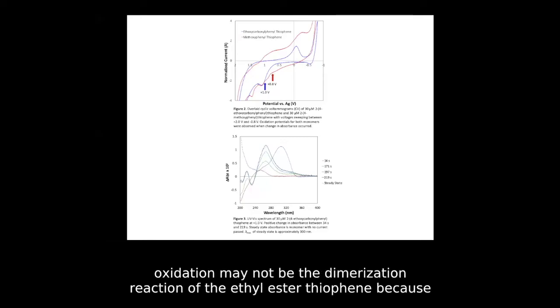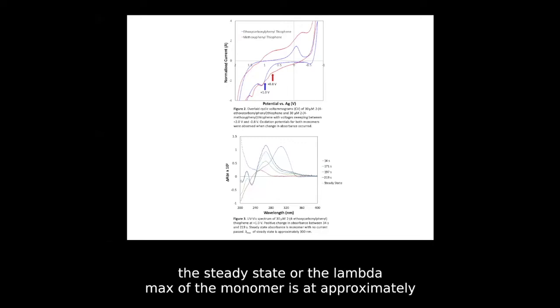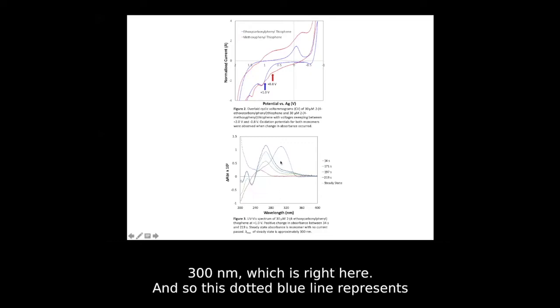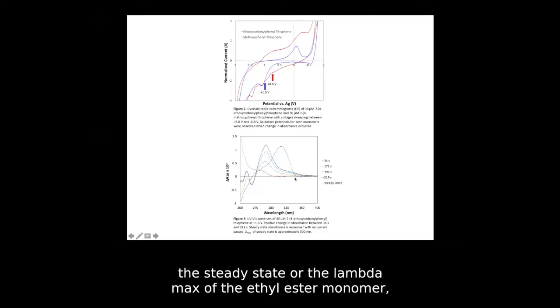However, this oxidation may not be the dimerization reaction of the ethyl ester thiophene, because the steady state, or the lambda max of the monomer, is at approximately 300 nanometers, which is right here. And so this dotted blue line represents the steady state, or the lambda max of the ethyl ester monomer.